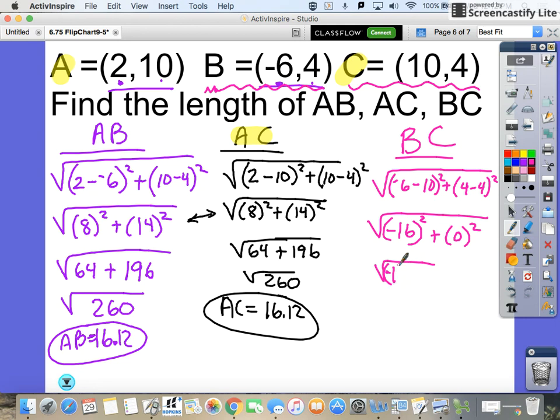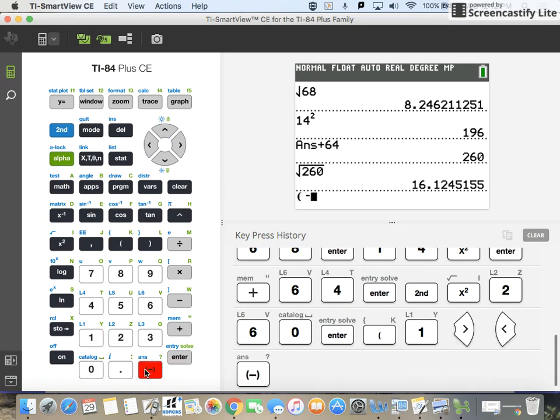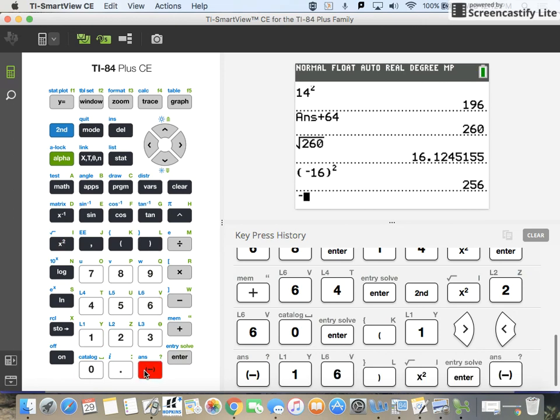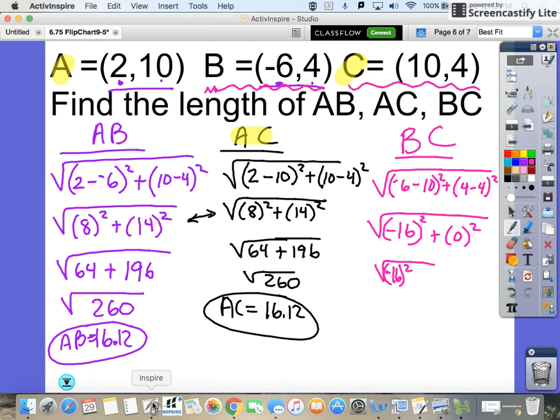Square root of -16 squared is 256. What I was saying is if you don't put it in parentheses, it'll come out as a negative, and that's wrong. So this is 256, which is just 16. These are inverses of one another. So BC is 16.